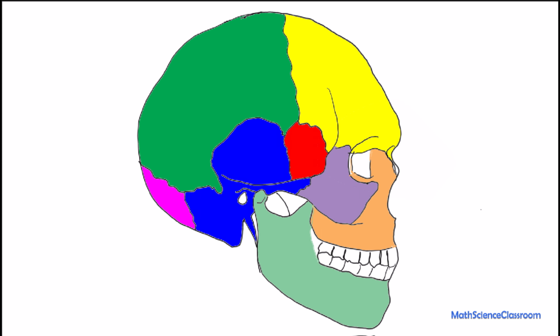And then I noticed that the sphenoid actually extends down because the sphenoid is behind the orbital and it actually is extending down to this point. So I'm going to color this area. There we go.